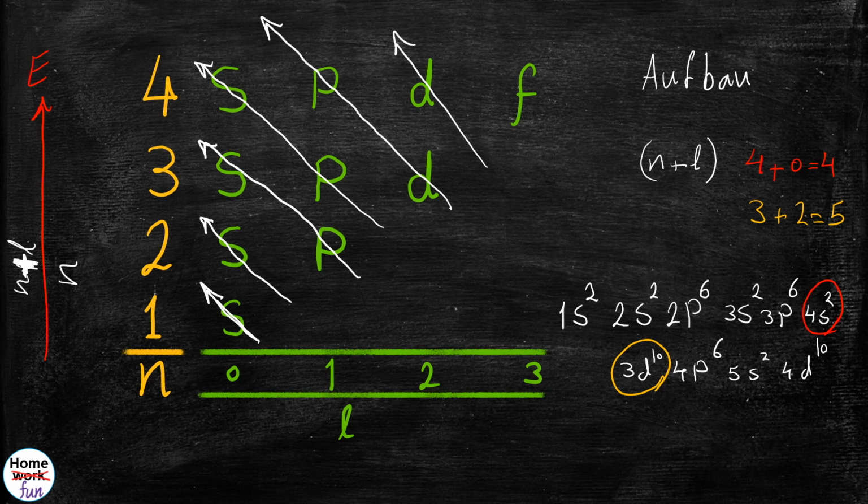Now let's see some examples. Alright, let's consider the simplest atom, that is hydrogen, because it just has one proton and one electron. So then that electron sits in level 1, sublevel 0 or s. 1s, how many electrons? Just 1. 1s1.